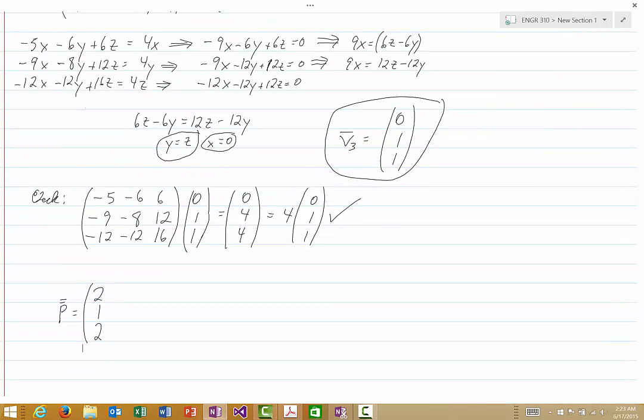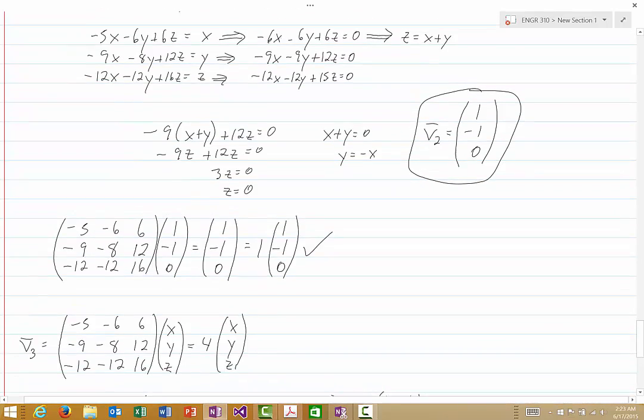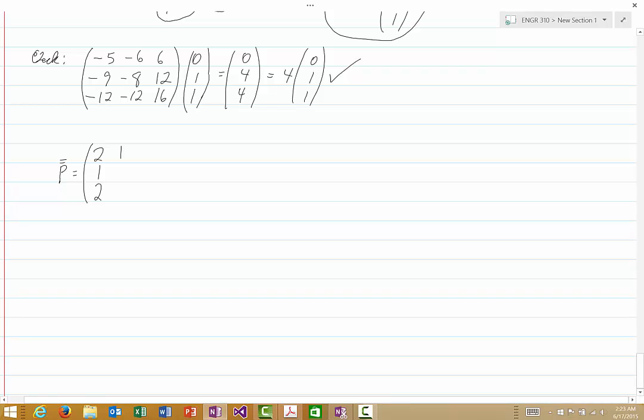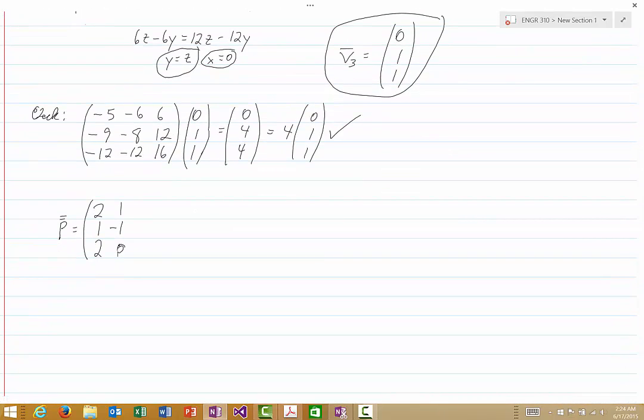The second column of P will be the second eigenvector, which is 1, negative 1, 0. And the third column of P will be the third eigenvector, which is 0, 1, 1.